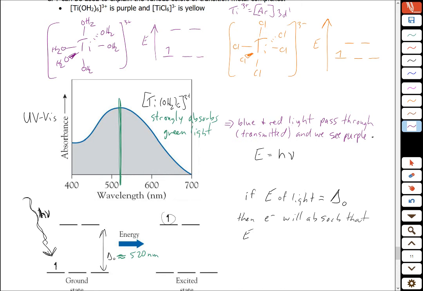Now, if we look at the hexachlorotitanate here, in this case, we can see that the delta O for TiCl6 3 minus is a lower energy than the delta O for hexa-aqua iron 3, which means that titanium 3, the hexachloro complex, is going to absorb lower energy light.